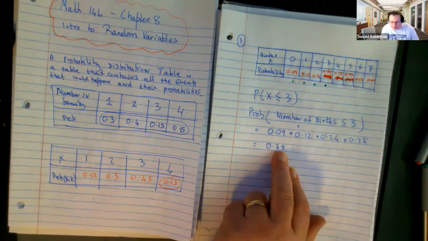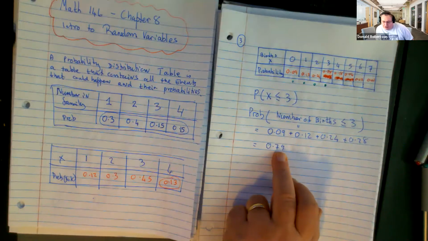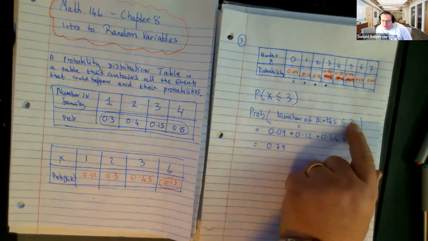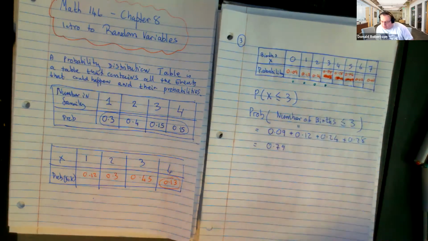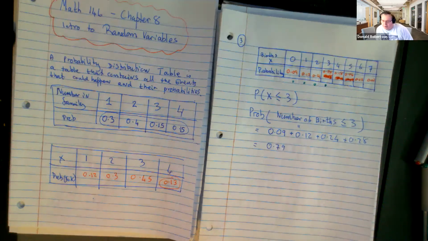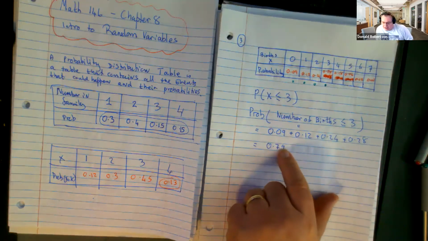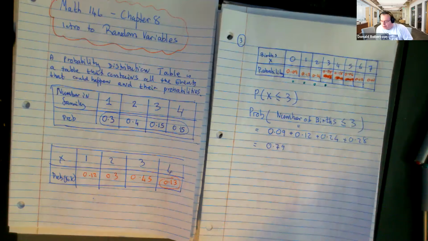So about 79% of the time, you are going to have 3 or less births. So if you're looking at how many maternity doctors, I'm not sure what the right name is, but the doctors that help give birth, how many do you need? Well, you could say, look, if one doctor can handle 3, 80% of the time we're going to be good on one doctor, and we only need a backup the other 20% of the time.